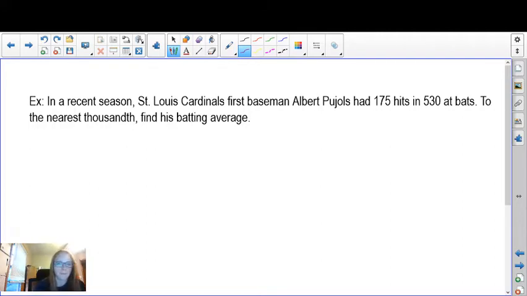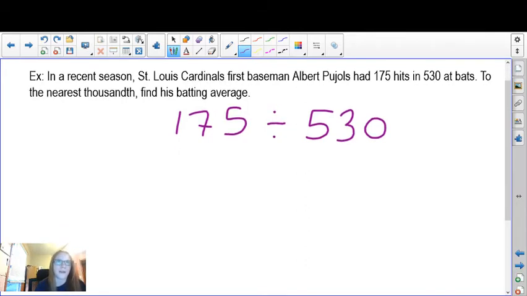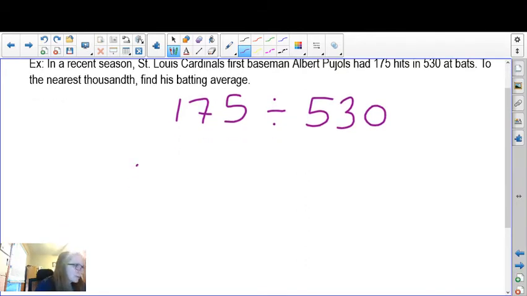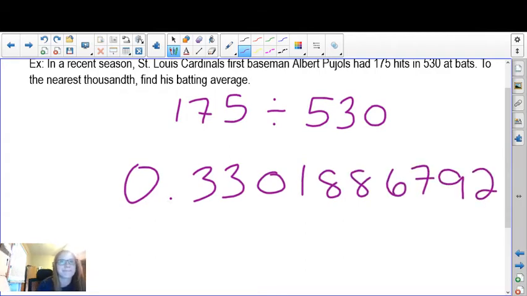We take the amount of times he actually made a hit divided by the total times he went up to bat. And I get 0.3301886792. And it probably keeps going, but that's all I wrote down.